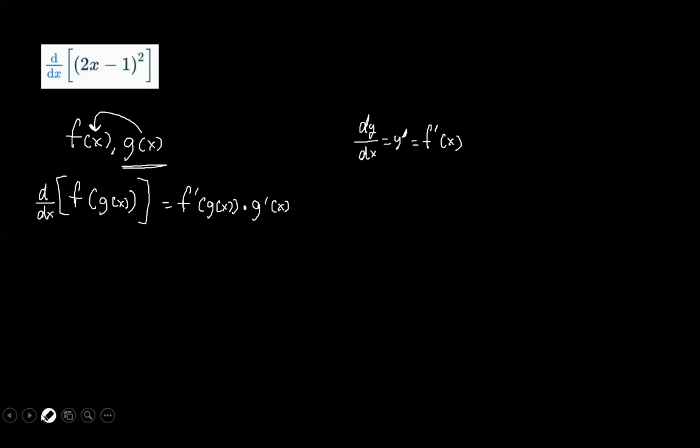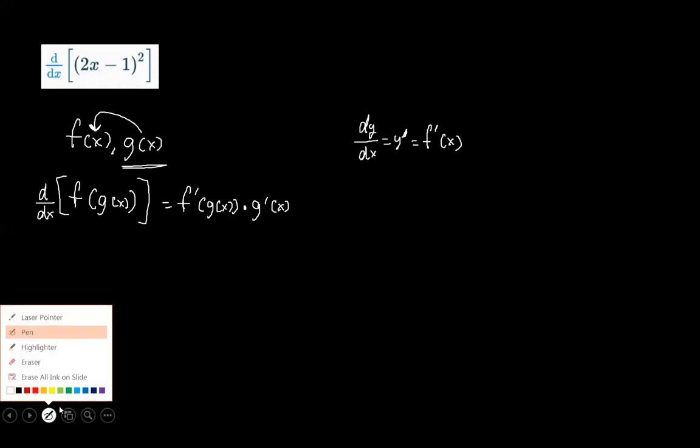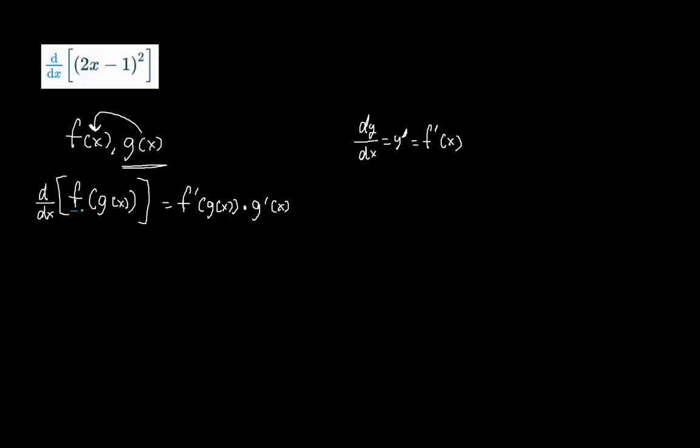So what does this mean? It means you're going to get the derivative of the outer part, then get the derivative of the inner part. Let me take it slow. Get the derivative of the outer part, which is f prime of g of x.